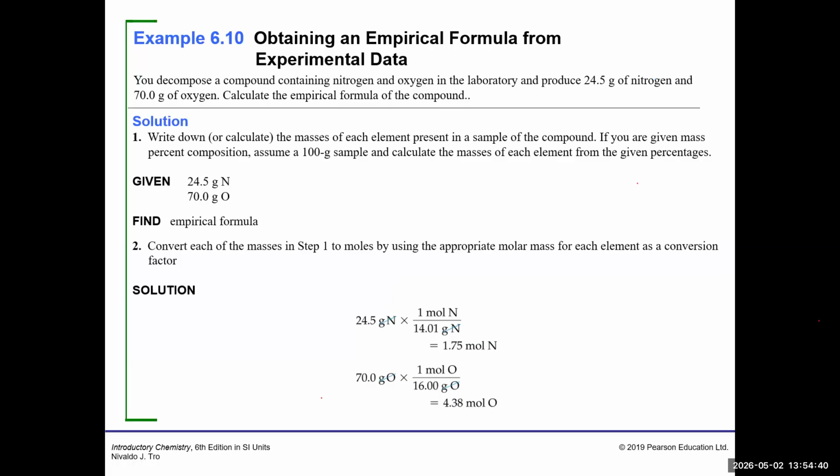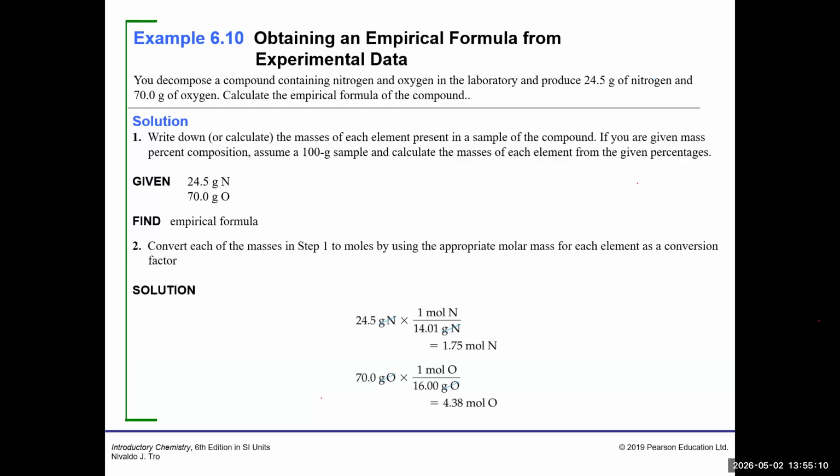You decompose a compound containing nitrogen and oxygen in the lab, and you produce 24.5 grams of nitrogen and 70.0 grams of oxygen. We are going to calculate the empirical formula of the compound.